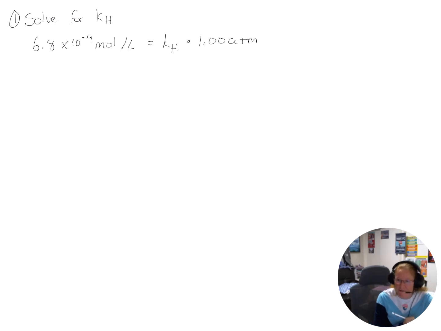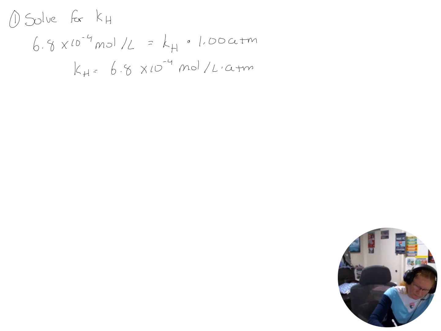Okay, so we were told that the solubility of our gas at 1 atmosphere was 6.8 times 10 to the negative 4th moles per liter. The math on this is super easy because we just have 1 atmosphere. So anything divided by 1 is itself. So our Henry's law constant is 6.8 times 10 to the negative 4th moles per liter atmosphere.